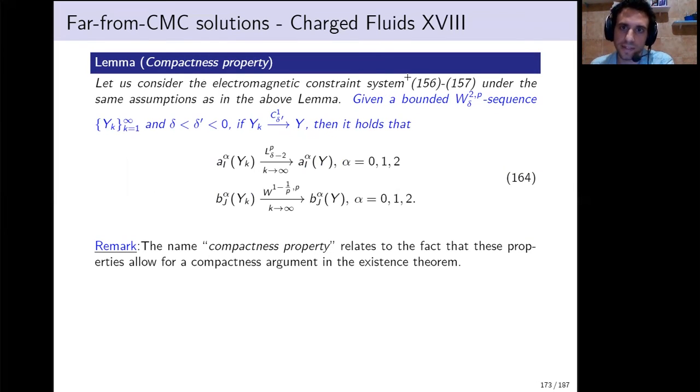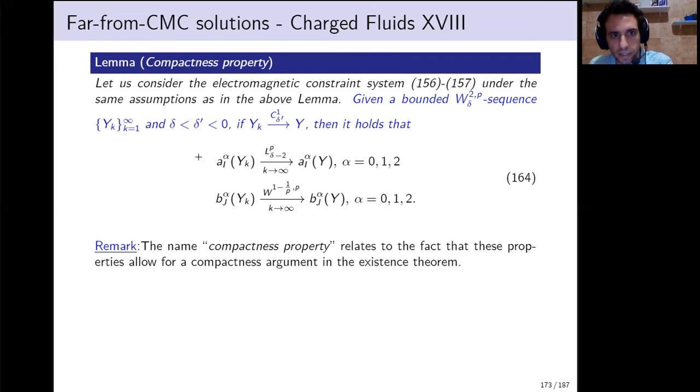So if we again consider the same system with the same functional hypothesis as in the previous lemma, then given a bounded W2P delta sequence, and some delta prime between delta and 0, and we assume that our sequence converges in C1 delta prime to some element y, then it holds that all of the coefficients of the system actually converge in LP delta minus 2, or in the corresponding trace space for the boundary coefficients.